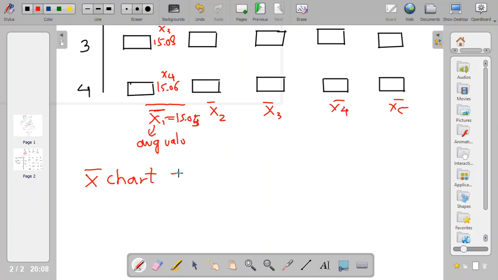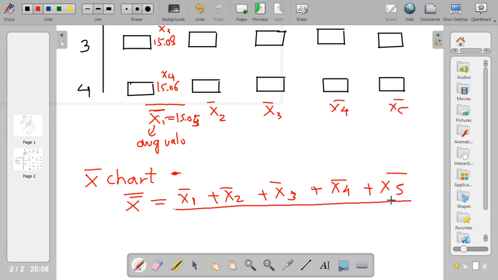So in the x bar chart, if you want to find the grand average, x1 bar plus x2 bar plus x3 bar plus x4 bar plus x5 bar, divided by the total number of lots.